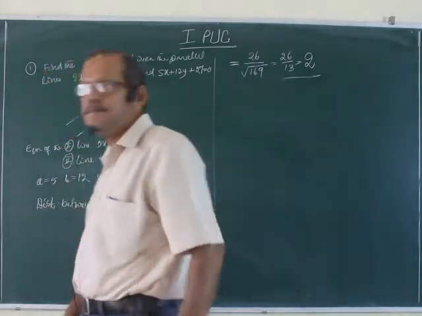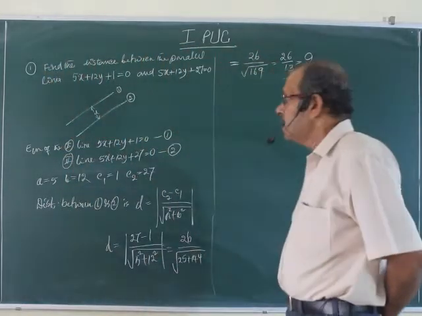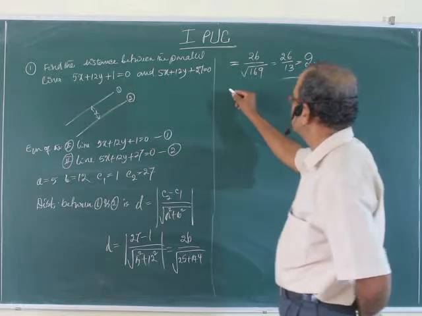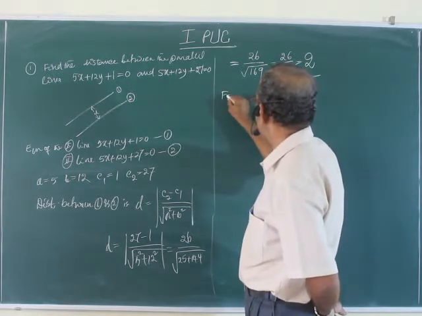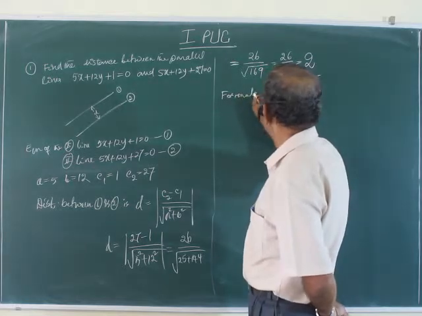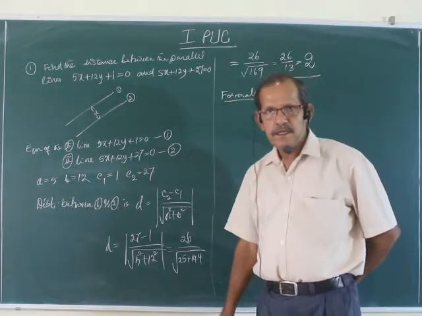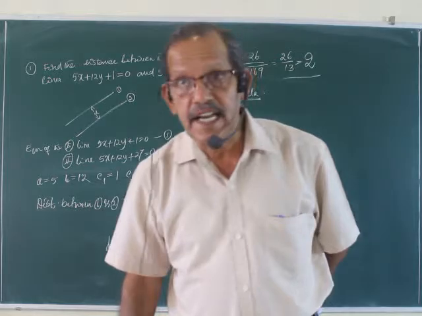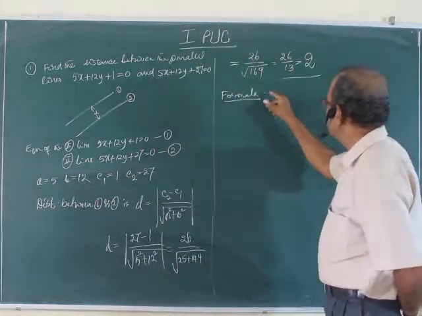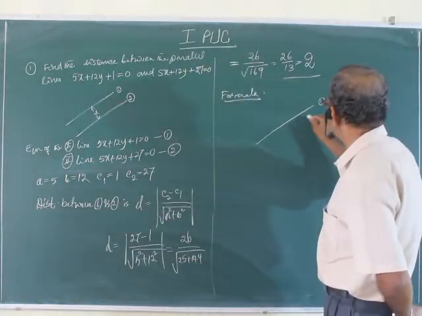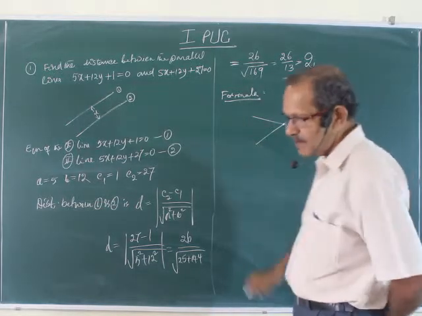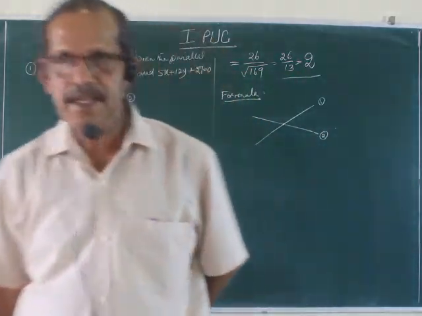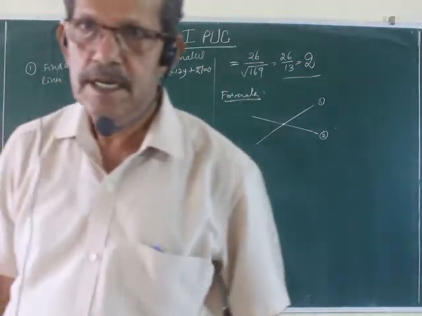Now, let us close this straight lines chapter. Let me write the last formula. This formula is related to given two equations of the lines 1 and 2. Equations are given. How to find the point of intersection? That will be the last.